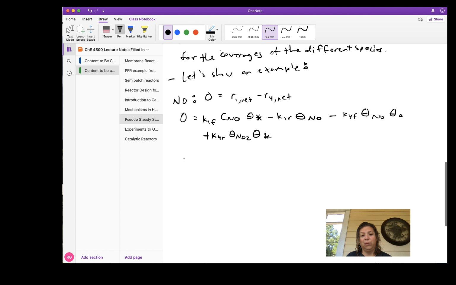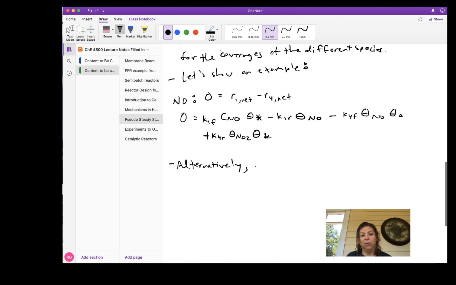When we do this sort of solution, we usually use a computer to solve the system of equations because, as you can see, it gets kind of messy. Alternatively, we can make assumptions about a most abundant surface intermediate.